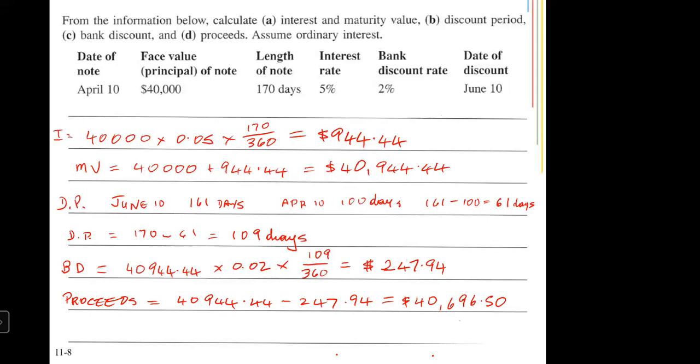Okay. So instead of waiting until it matures, you get 40,696, and the bank will get 247.94 once the note matures and the company pays them what was owed to you.